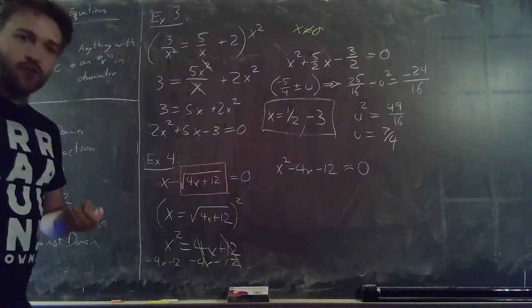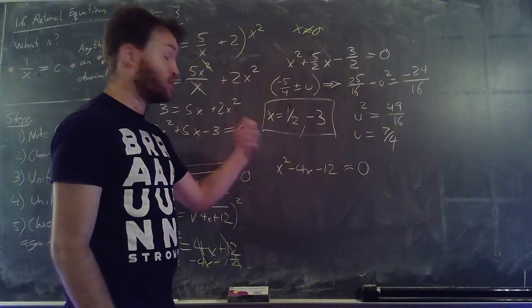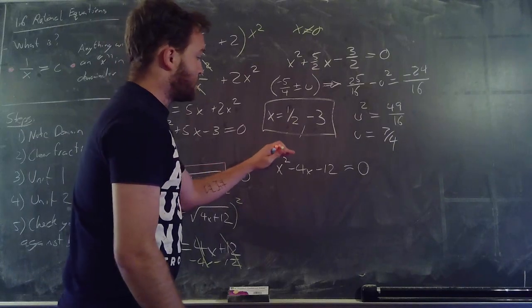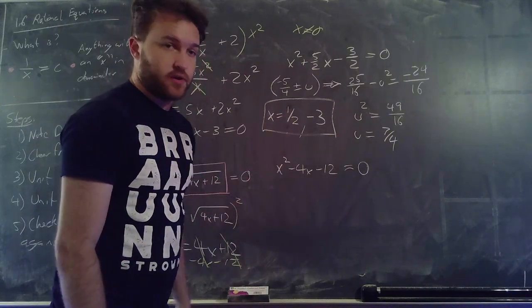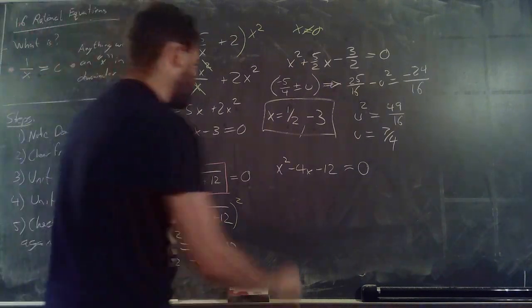That is a standard form quadratic, so if you want to use your quadratic formula, you can do that. If you want to graph, this one's actually doable by graphing. And we can also do symmetry or other things that we know how to do in order to solve this one. I'm going to factor it.